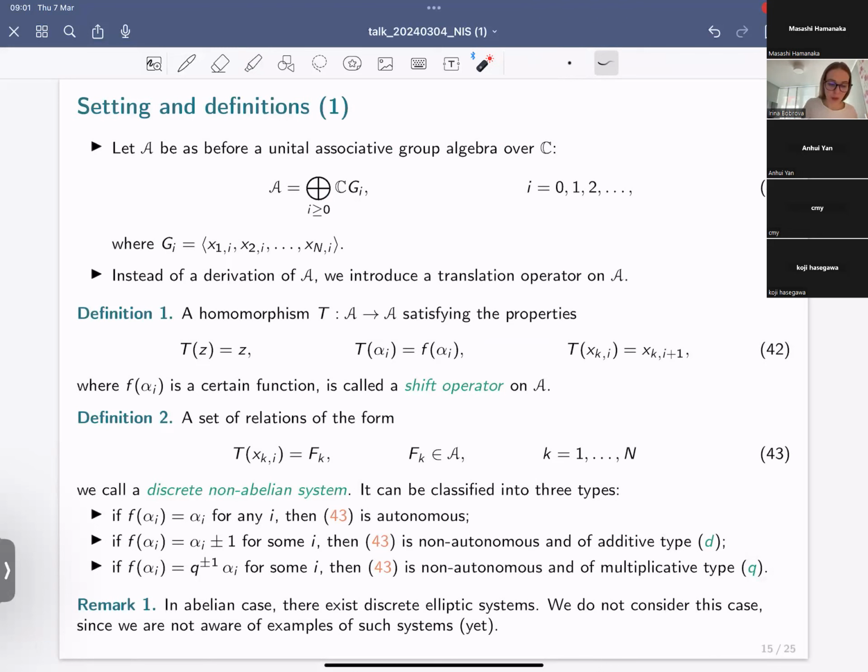So we are working with a unital associative algebra A over the field C, which is given by a direct sum.